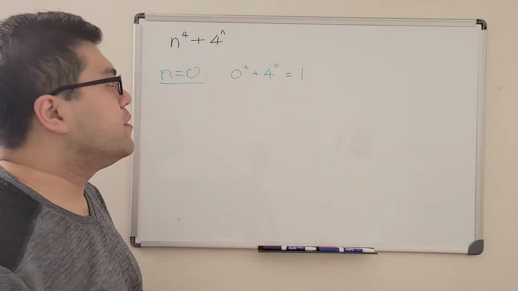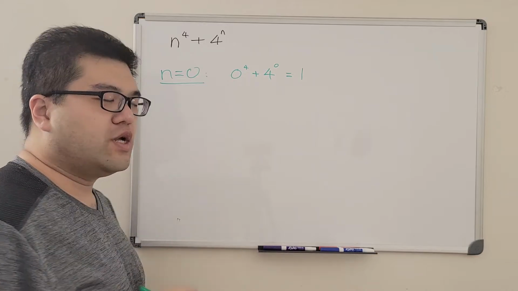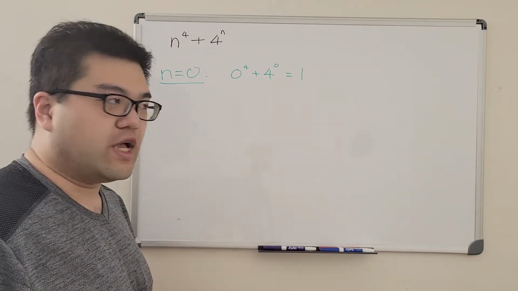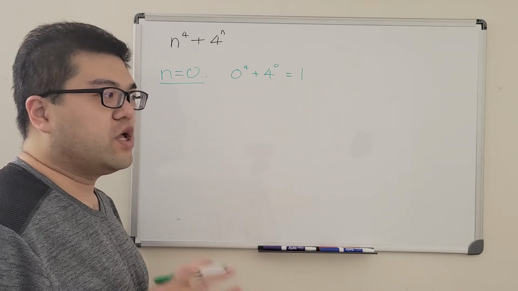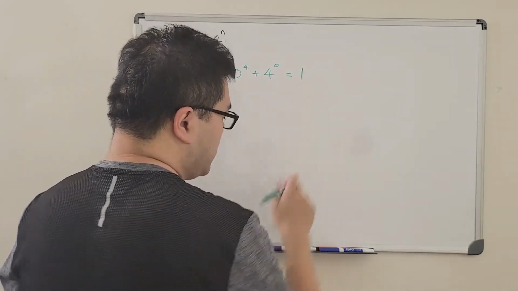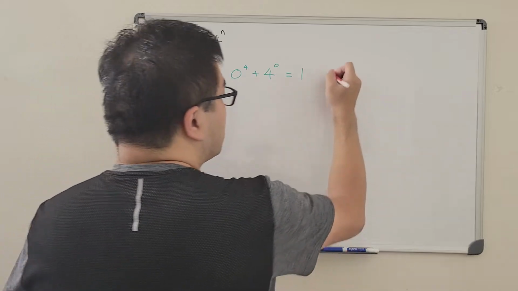Now remember, 1 is not a prime number and is also not a composite number, meaning it cannot be rewritten as the product of 2 or more non-1 primes. So clearly the case n equals 0 doesn't work.